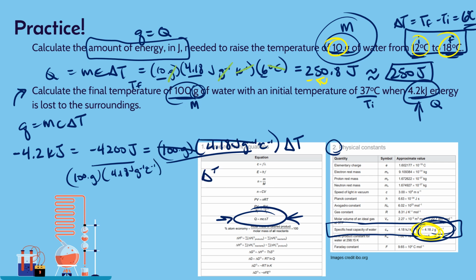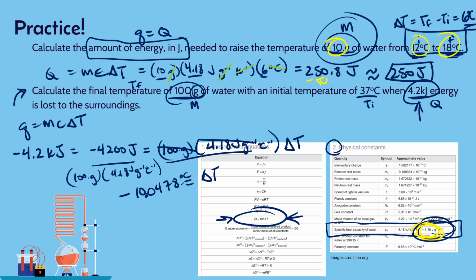I'm left with delta T is going to equal, handy dandy calculator says, negative 4,200 divided by 100 and also divided by 4.18 gives us negative 10.0478, lots of digits. And this can be Kelvin, this can also be degrees Celsius because again the change is going to be the same.